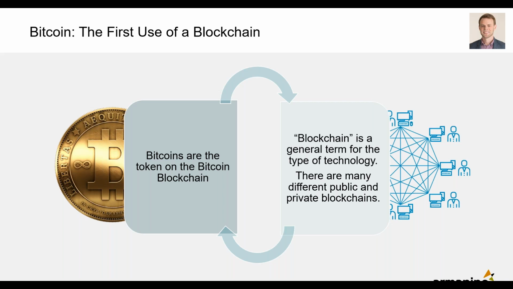As you will learn, the longer a blockchain runs, the more stable it becomes and the more we can rely on the integrity of the data. Ultimately, Bitcoin is one example of a blockchain. Blockchain is really the underlying technology here. There are about 2,000 different public blockchains at this point and many more private blockchains as well. And so Bitcoin is just the most common example, if you will.